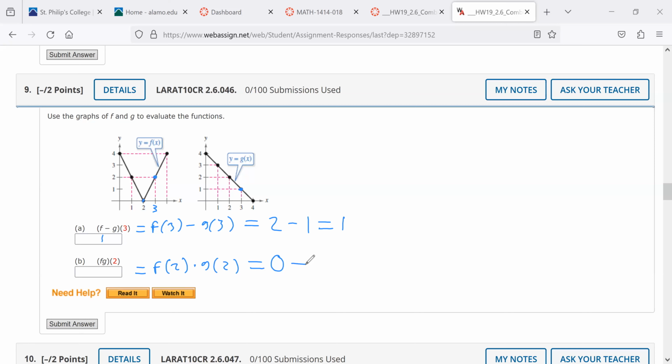Minus G of 2 doesn't really matter, but let's do it. Any questions on 9? Does 9 make sense?